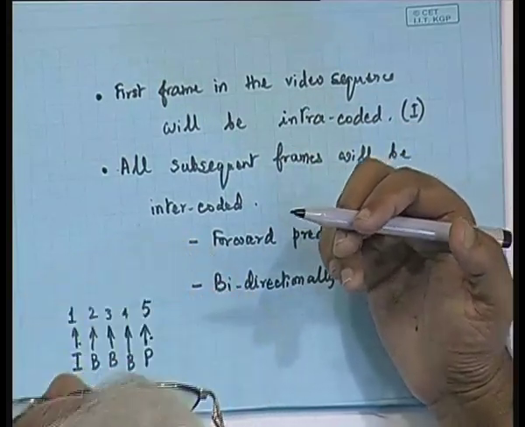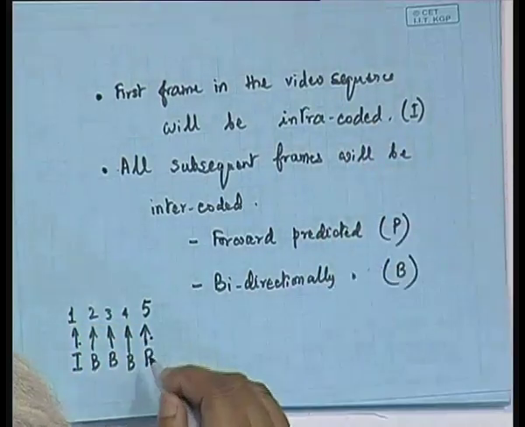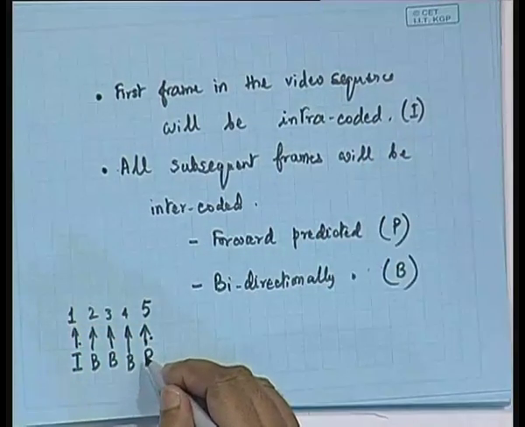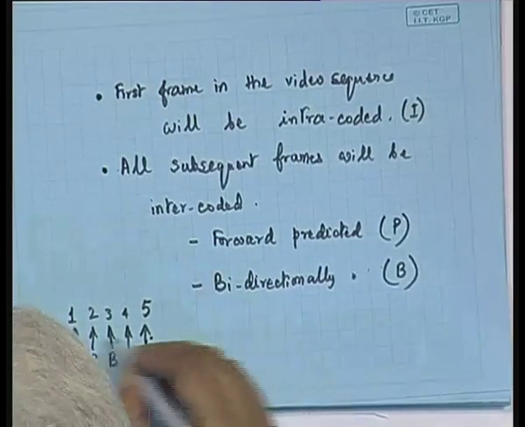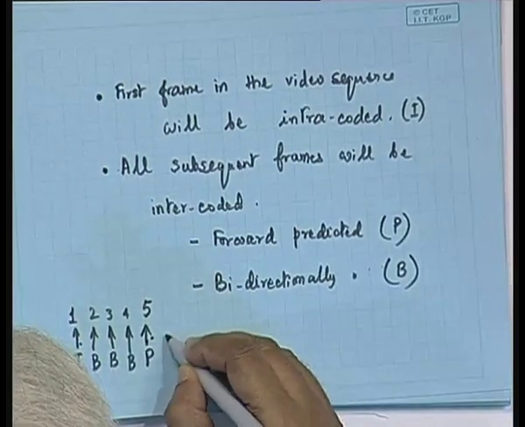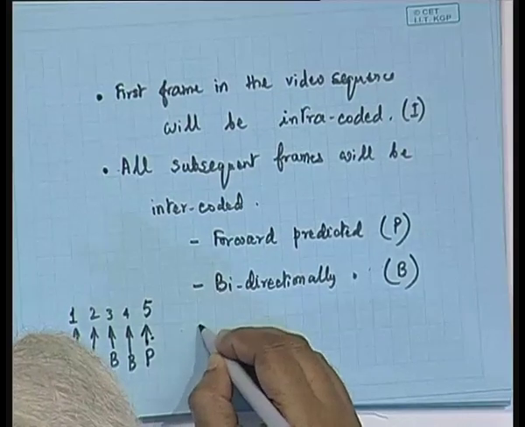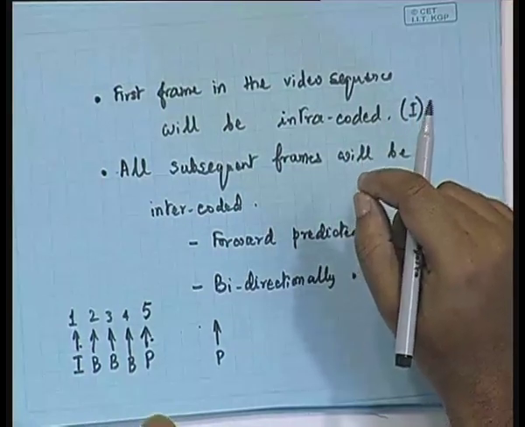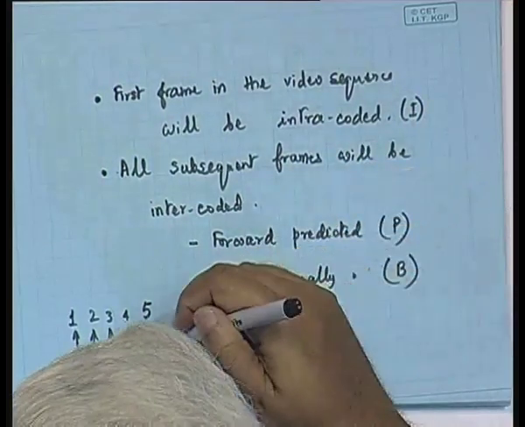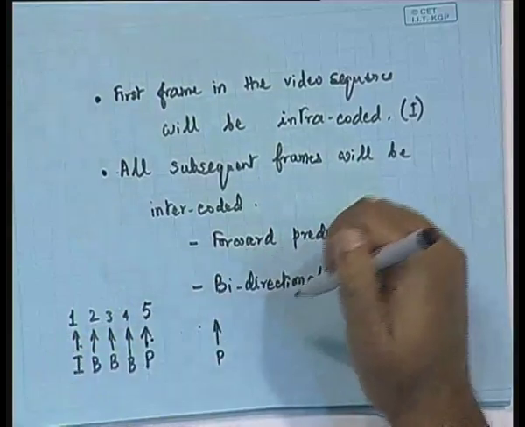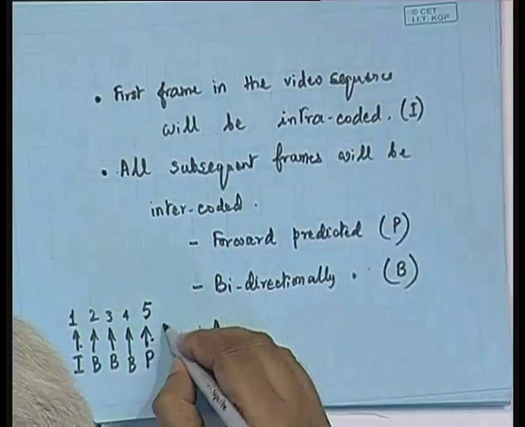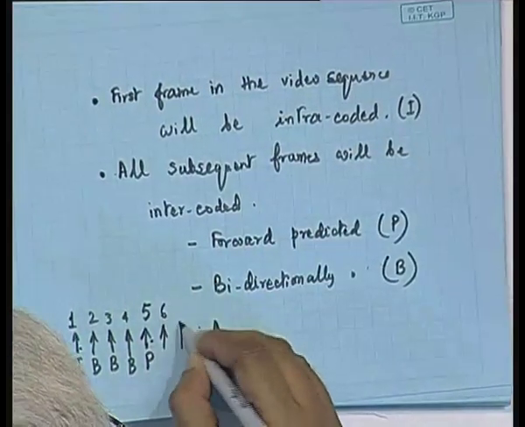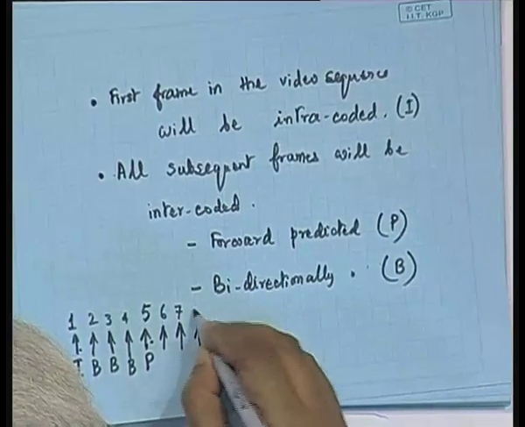Now, because the 5th frame is available, I can predict by a very similar mechanism what frame number 9 is going to be. So, frame number 9 would be a P frame, and because I have both 5 and 9, it is possible to bidirectionally predict frames 6, 7 and 8.